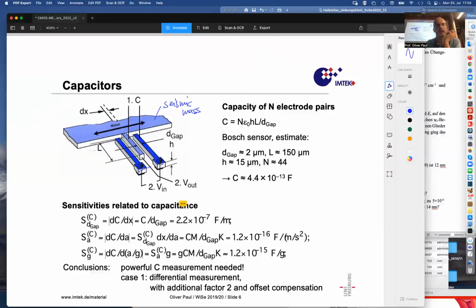And then you let the potential of this central electrode float between the two. It has to adapt to wherever the electrode is. If it is closer to 0 volt, it will take a smaller voltage.